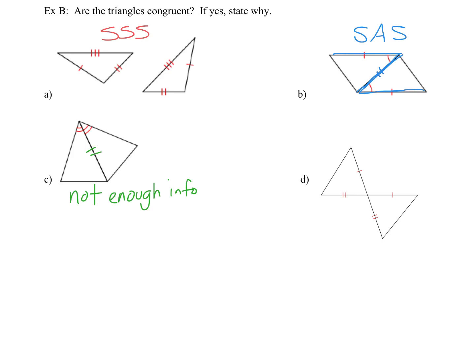These lines, when they cross like that, what do they create? Vertical angles. Good. So since we have those vertical angles, now does it fit side, angle, side? They are not always going to give you everything. It's going to expect you to remember things like vertical angles and shared sides, to look for.